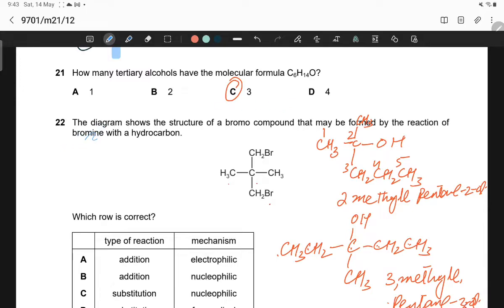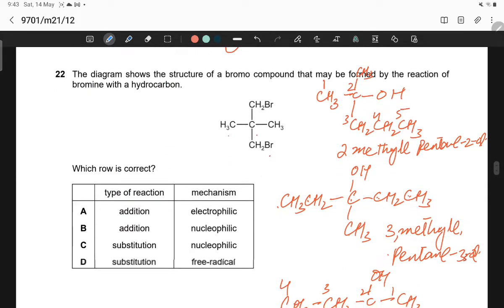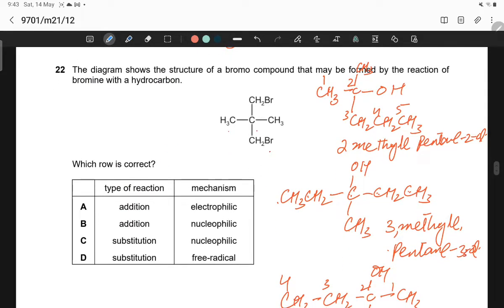So this is question number 22. The diagram shows a structure of a bromo compound that may be formed by the reaction of bromine with a hydrocarbon. Which row is correct?